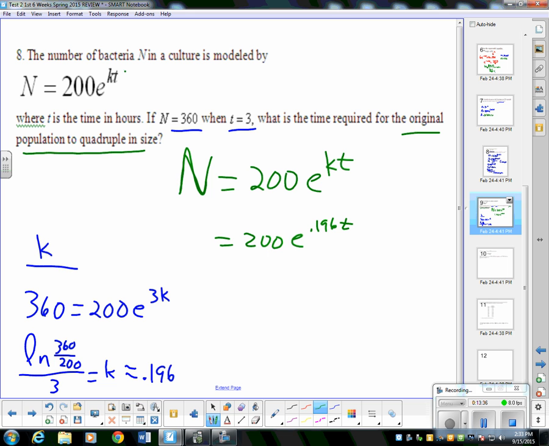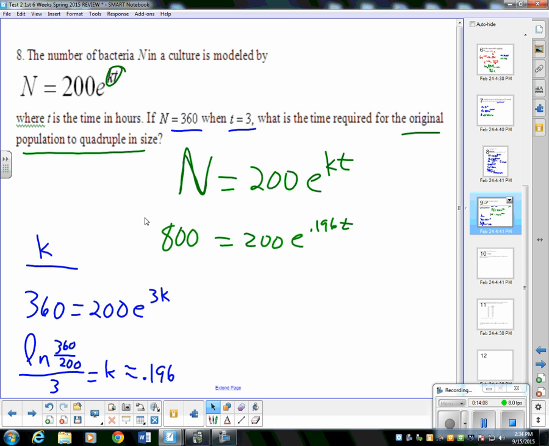So if I take 0 and multiply it by K, I should get 0, and e raised to the 0 power is 1, and 1 times 200 is 200. So the original population is 200. Quadruple 200 is 800. Now that took a little bit of thinking, but like I told you, if your exponent is solved out to be 0, your original number is always whatever this constant is. So the original population is 200, quadruple is going to be 800.